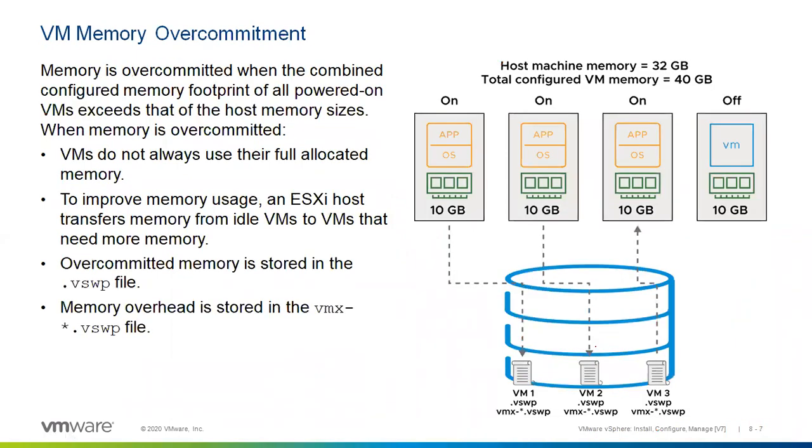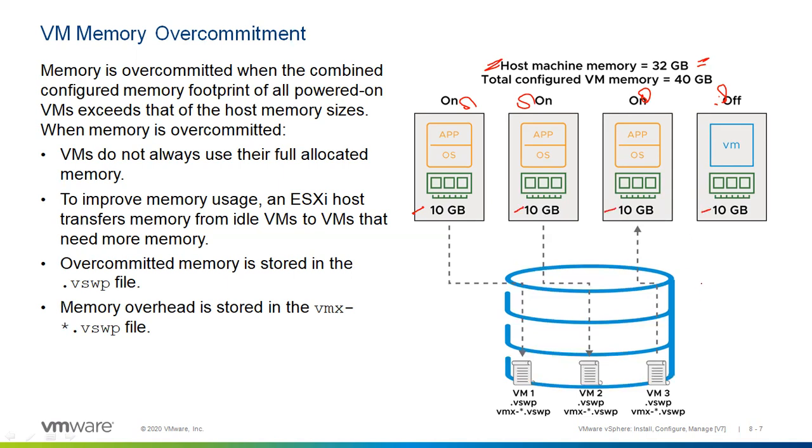Here is the example of memory overcommitment. Now you can see my host machine memory is 32 GB. We have configured 8, 8, 8, 8, which is 32 GB. But at the moment, the virtual machines require more than 32 GB in total, for example 2 GB extra here, 2 GB extra here, 2 GB extra here, and 2 GB extra here.